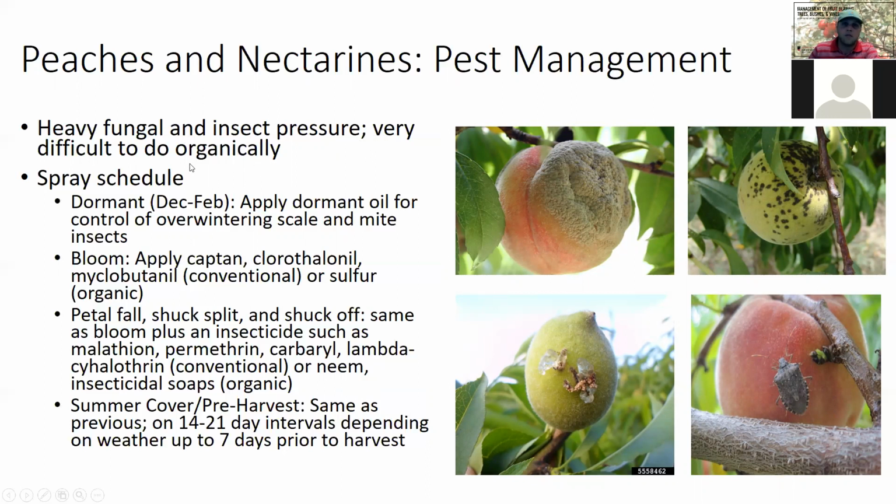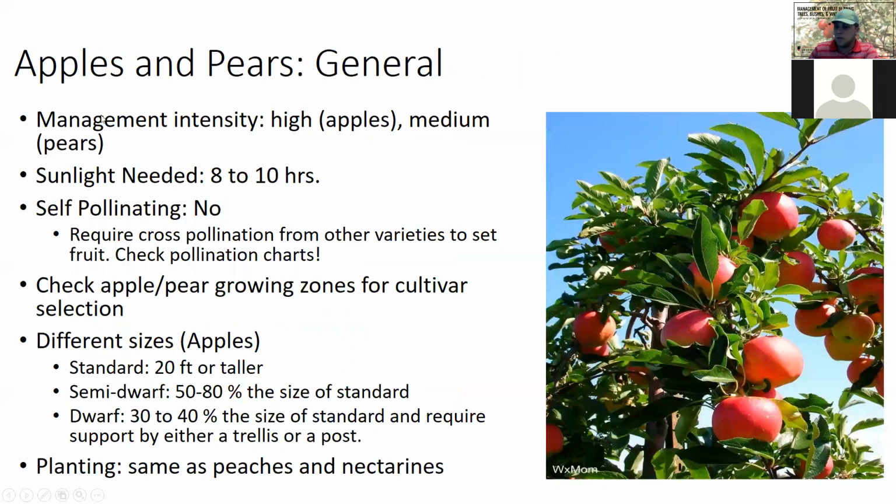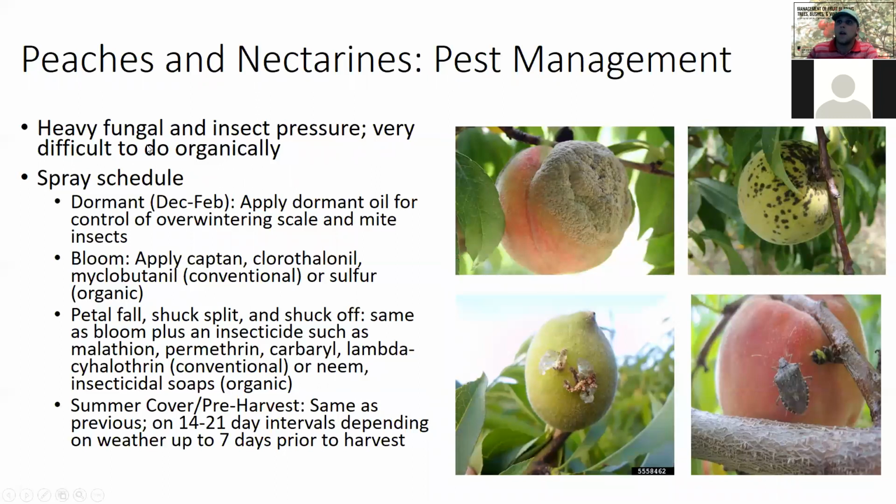It's very difficult to do organically. If you can find someone growing an organic peach and they're doing it 100% organically, it's pretty impressive.